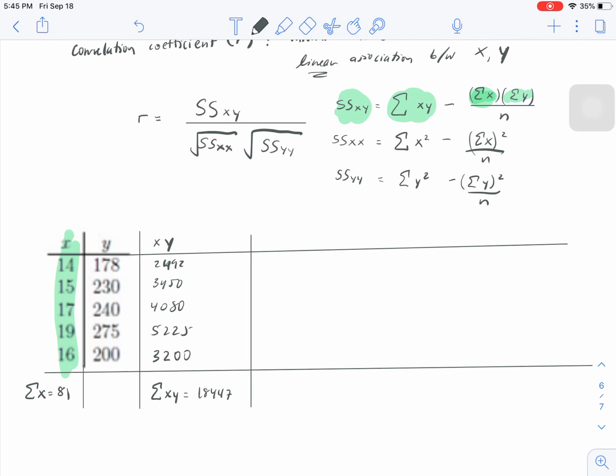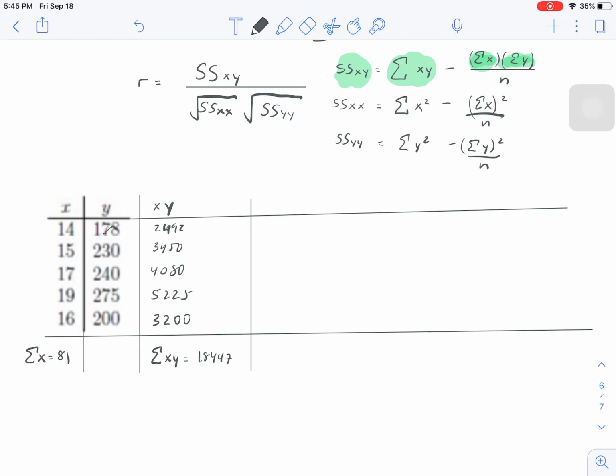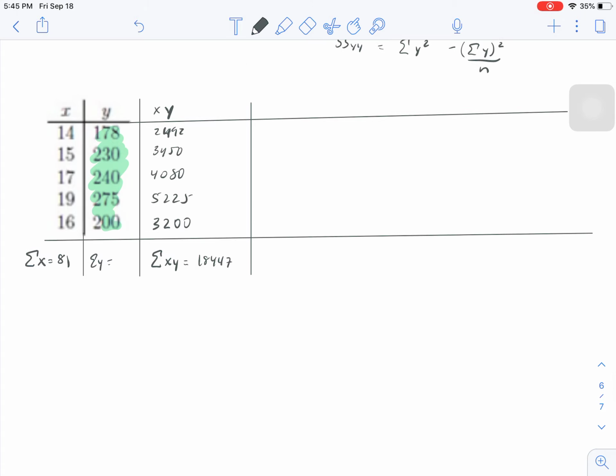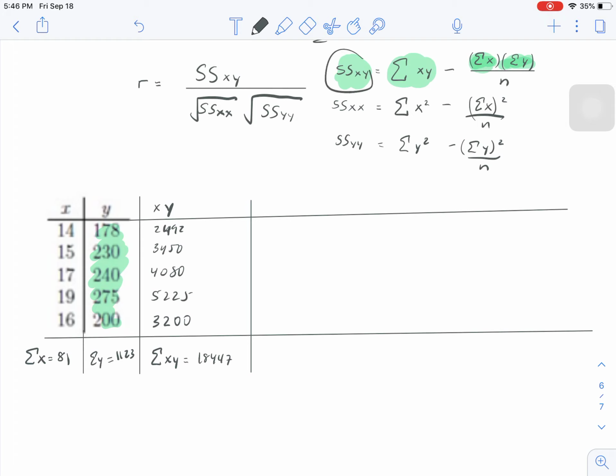I'll also need the sum of the y values. If I add up just these y values, the sum in this column will be 1123. All right, so that's everything that we need for this quantity.